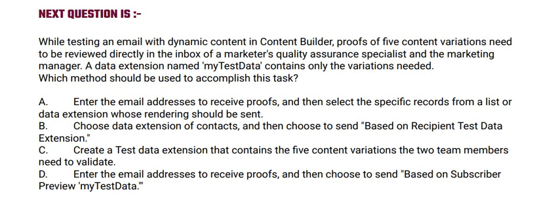Option B, choose data extension of contacts and then choose to send based on recipient test data extension. Option C, create a test data extension that contains the 5 content variations the two team members need to validate. Option D, enter the email address to receive proofs and then choose to send based on subscriber preview my test data. The correct option is option A.